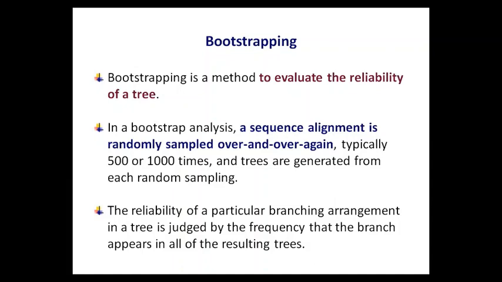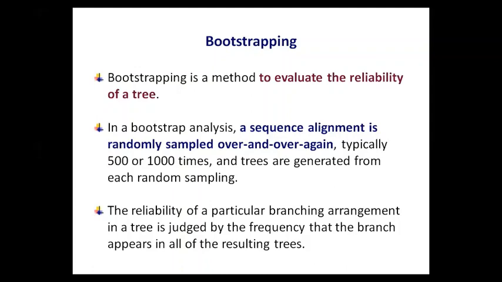This process will be repeated about 500 to 1,000 times. Then, based on the results obtained, it will be determined, out of 100 times, how many times a particular branch appears in the tree at the same place. Based on the percentage of occurrence of a particular branch in the phylogenetic tree, the validity will be determined.